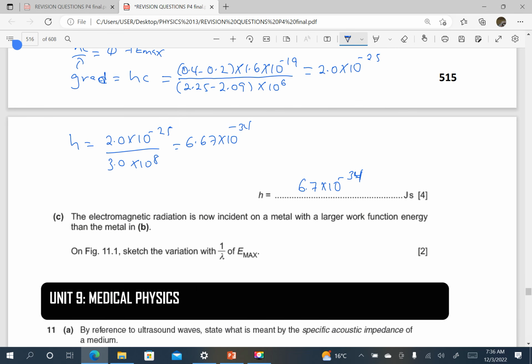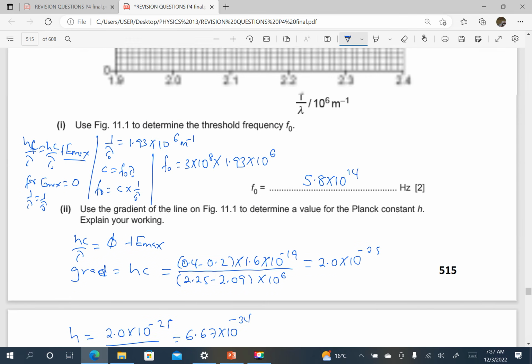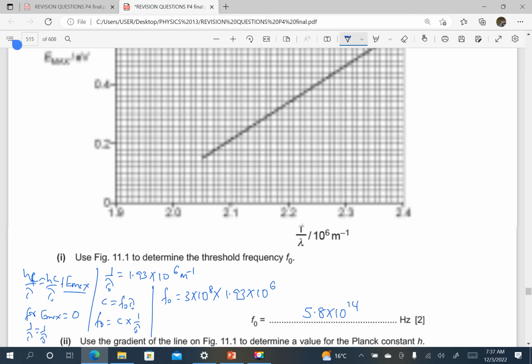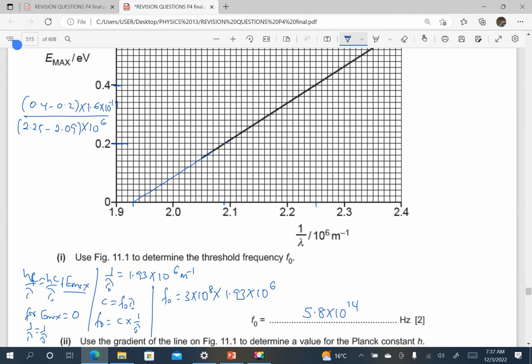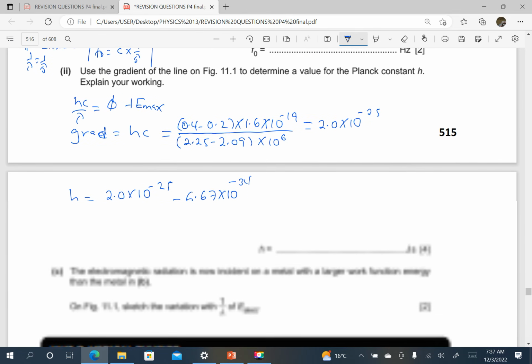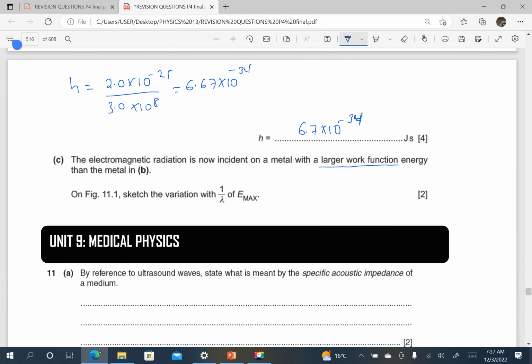The electromagnetic radiation is now incident on a metal with a larger work function. Remember, it is a graph of Emax against 1 over lambda. The work function is larger now. Remember, work function phi is equal to hc times 1 over lambda naught. A larger work function means 1 over lambda naught is going to be larger.